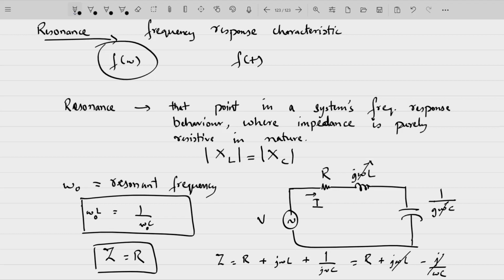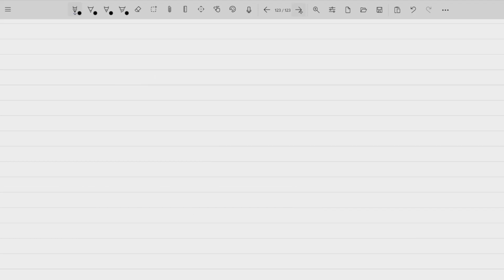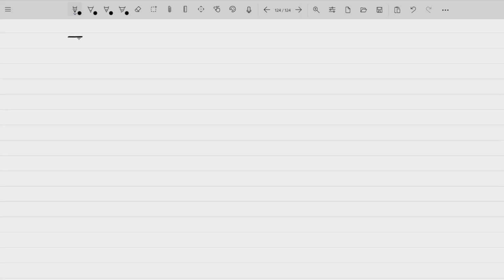Now, what is important here is our current I is equal to V divided by Z. So if we plot I with respect to frequency omega, fine.